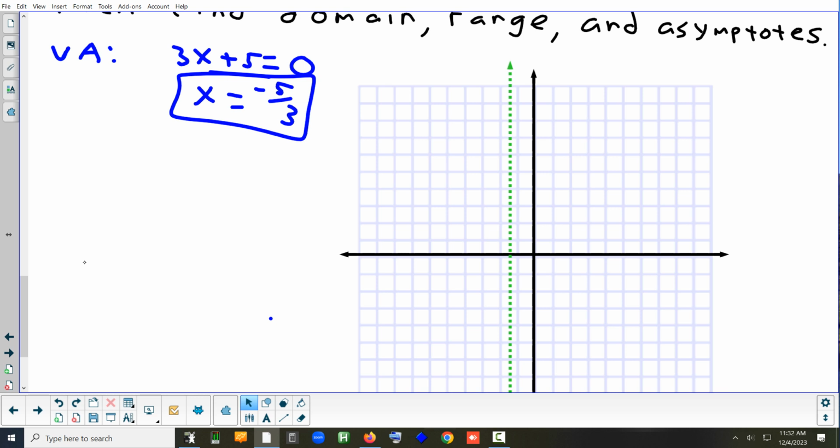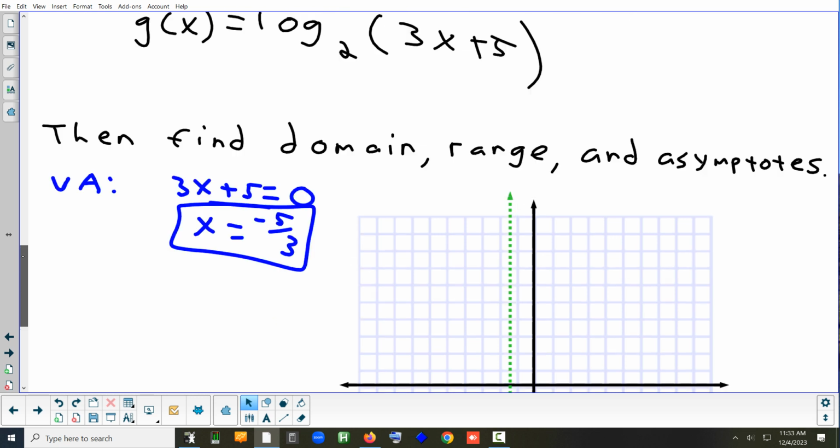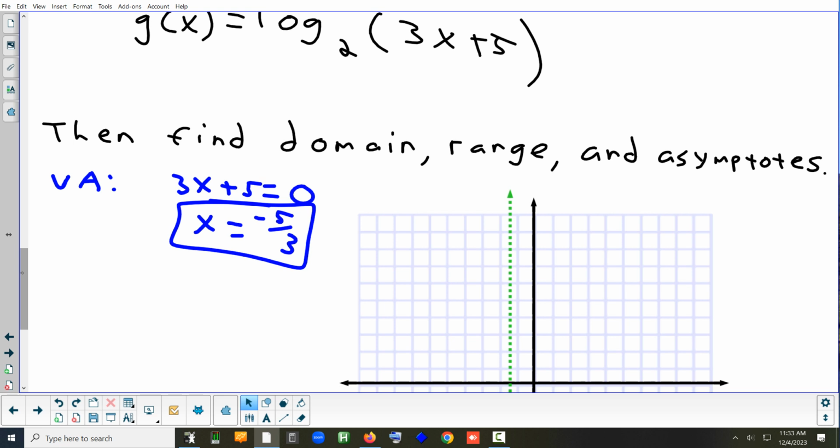Now, we can figure out which way it's going to curve just by looking at log base 2 of 3x plus 5. I'm either going to be checking values bigger than negative 5/3 or smaller. Which one is it? I think it's going to be bigger because it's all positive, so it's going to arc over to the right. There's no reflection.